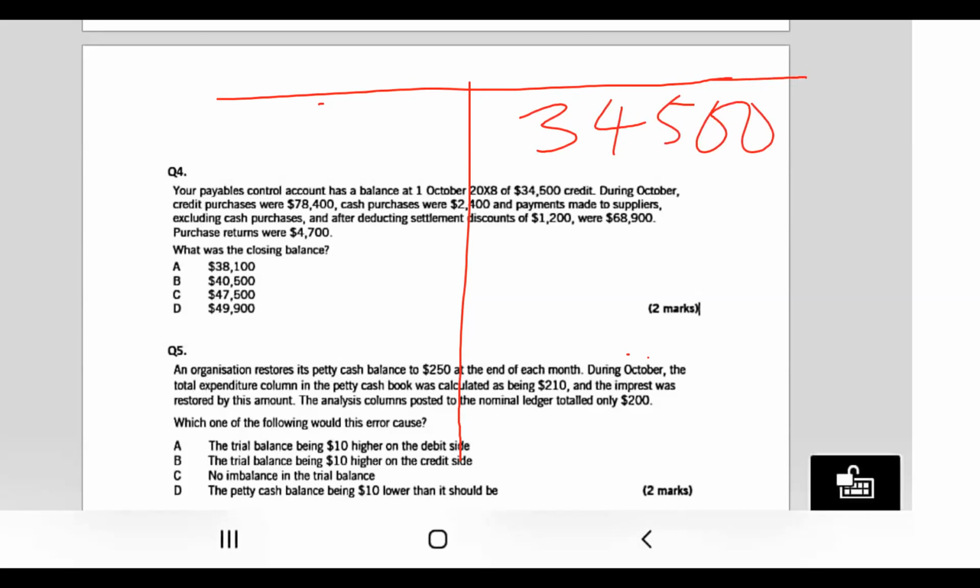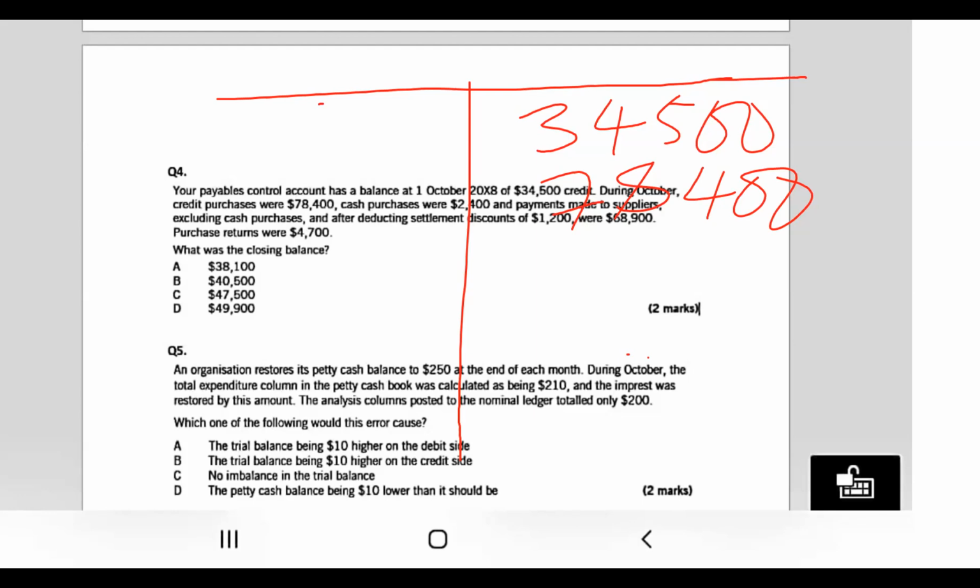Now, during October, there was a credit purchase. How much were the credit purchases? 78,400, isn't it? Those are credit purchases. And then cash purchases were 2,400, and the payment made to suppliers excluded the cash purchases.